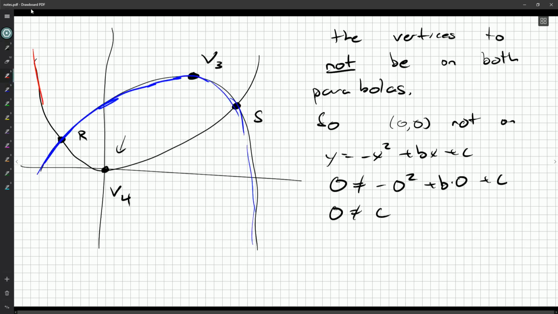And then for the upward facing parabola, we need V3, which was at b over 2, c plus b squared over 4. We need that to not be on y equals x squared.